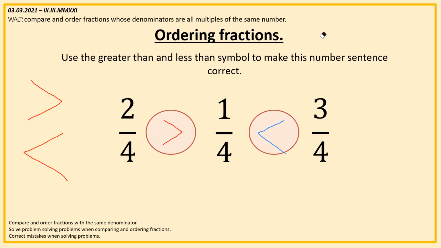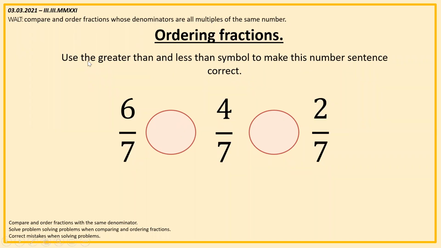Let's have a look at another one. Here we've got sevenths: 6/7, 4/7, and 2/7. Again, we will split them up. Let's look first at 6/7 and 4/7. The denominator is the same, so we look at our numerator.